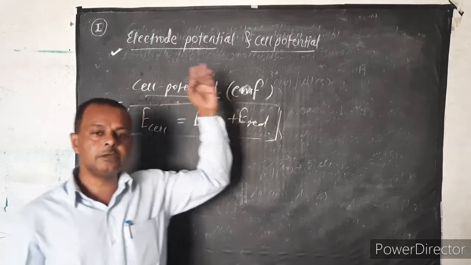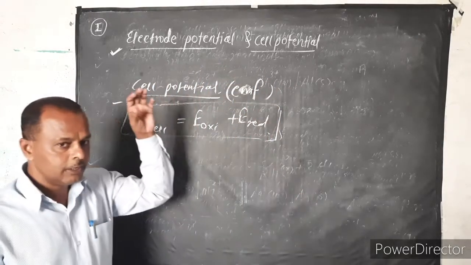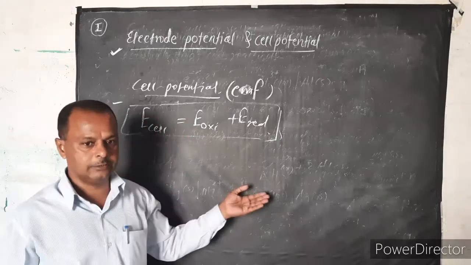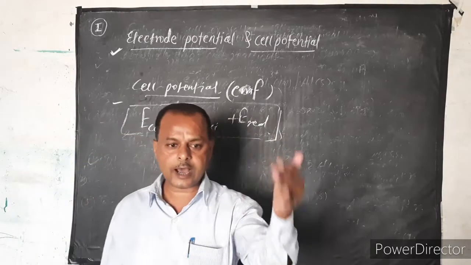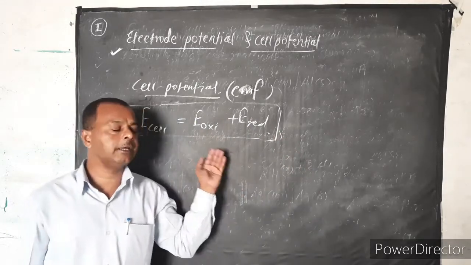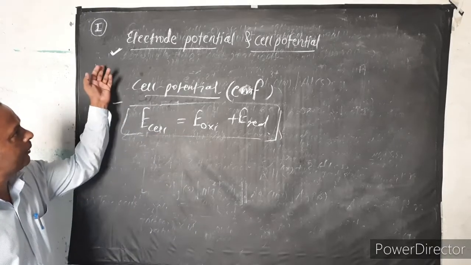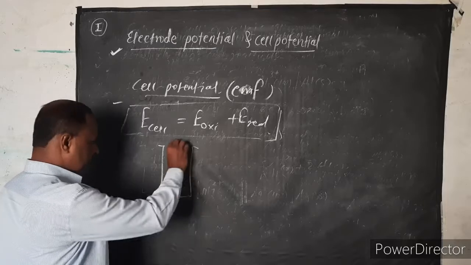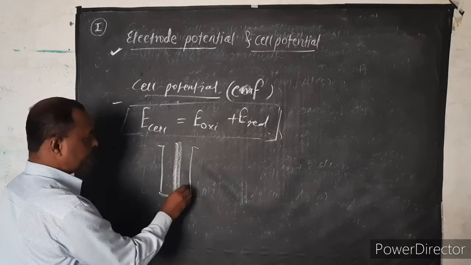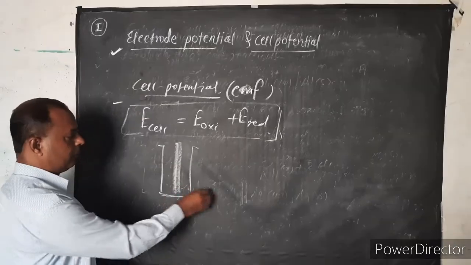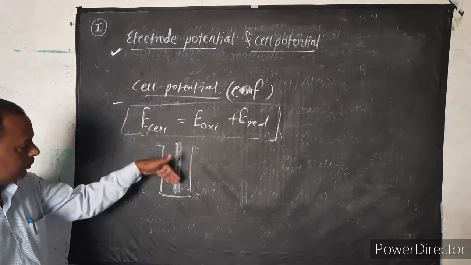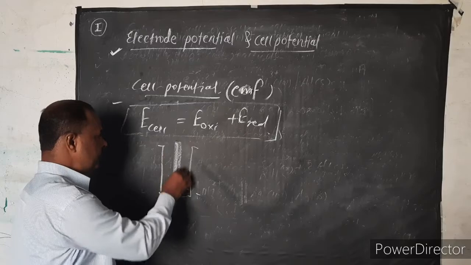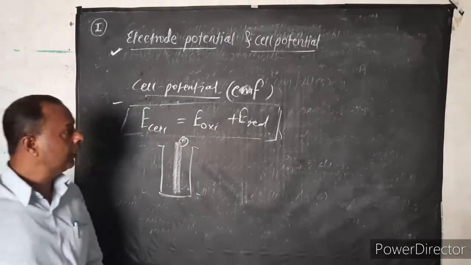Electrode potential is the potential difference established due to the half cell reaction at the electrode surface. For example, a zinc rod dipped in its own ion solution, zinc sulfate. At that time the electrode potential is developed on the zinc electrode.